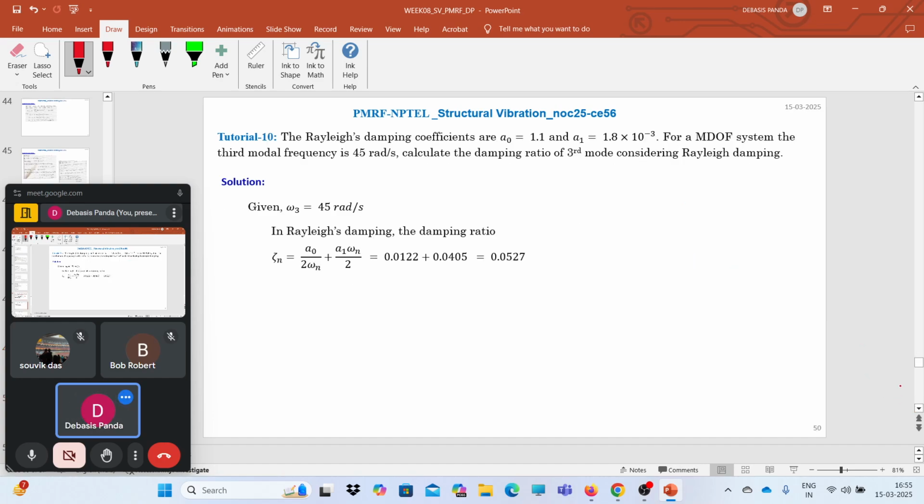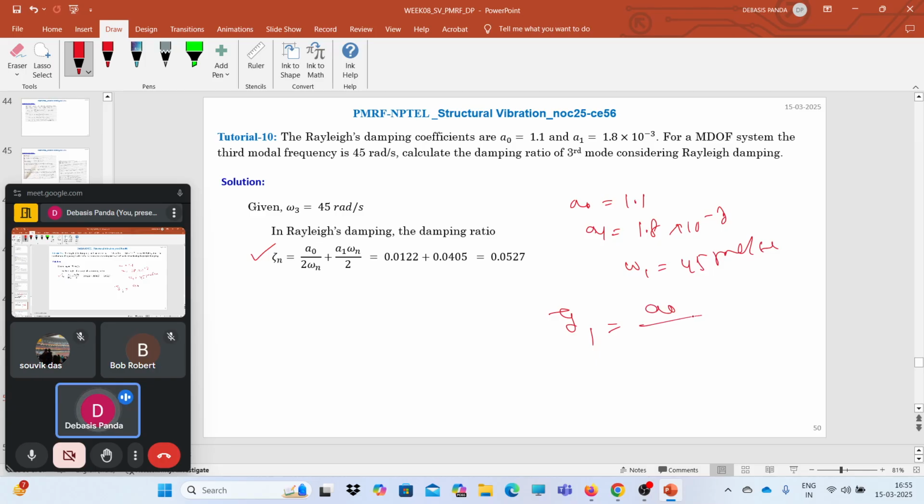Now again we have the Rayleigh damping term zeta n. The problem says the Rayleigh damping coefficient a0 is given as 1.1, a1 is given as 1.8 into 10 to the power minus 3, and omega 1 is given as 45 rad per second. You need to find zeta 1.